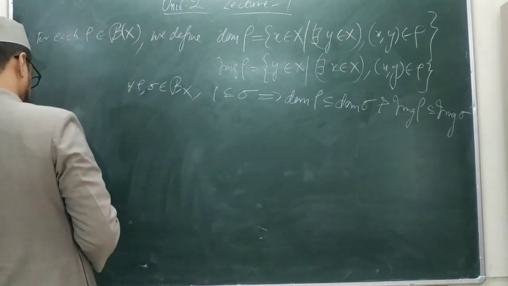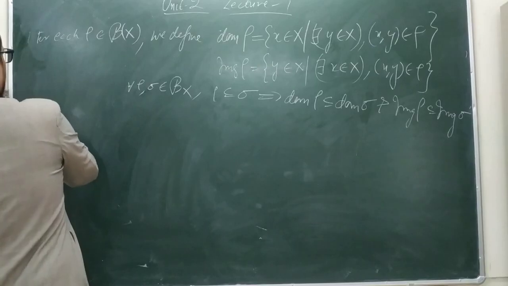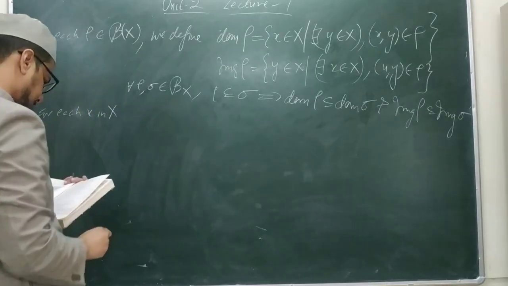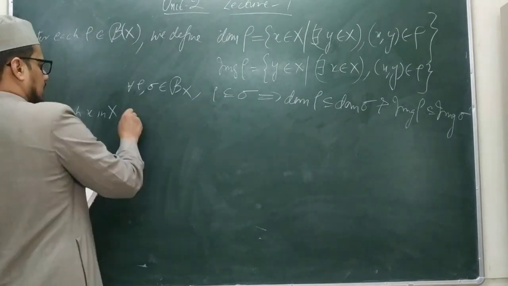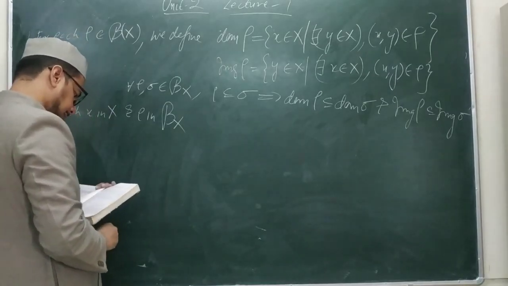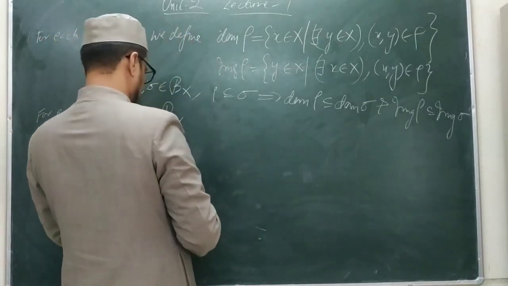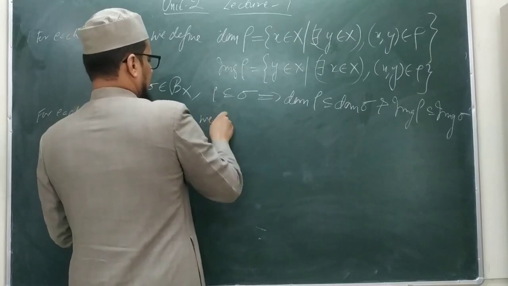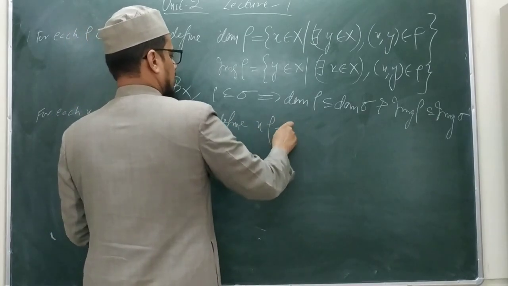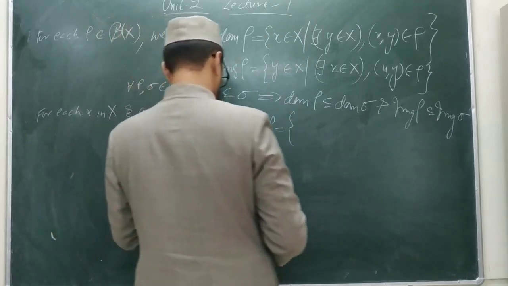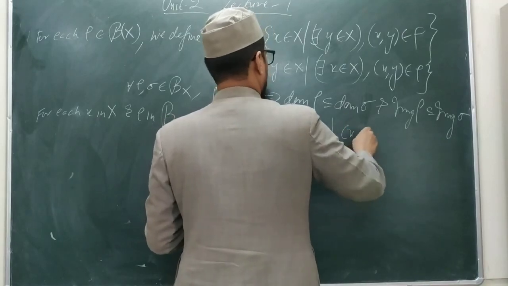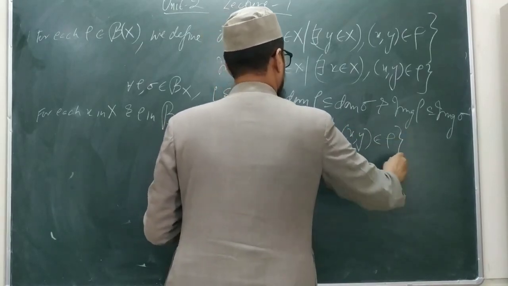Now we define, for each x in X and row in Bx, x row is equal to y belongs to X such that (x, y) belongs to row.